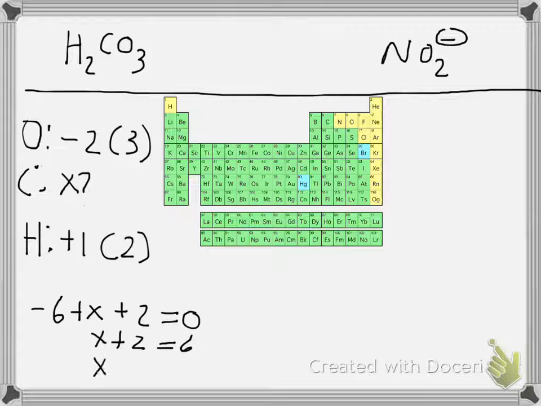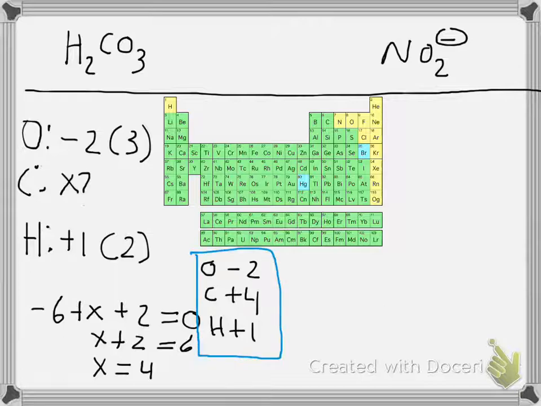So x must be equal to 4. That means carbon is actually adopting a +4 state. So we would have oxygen as -2, carbon as +4, and hydrogen as +1. And I'll box those in a different color. Let's do blue.